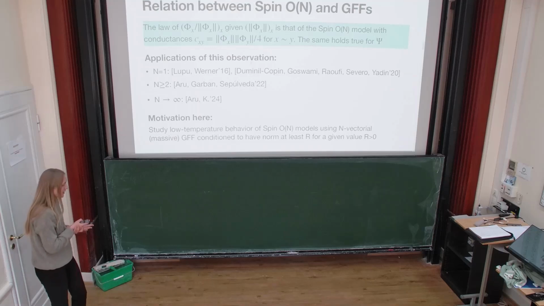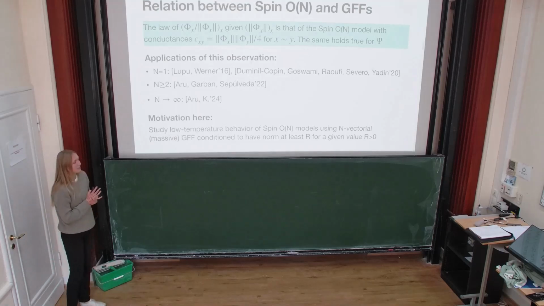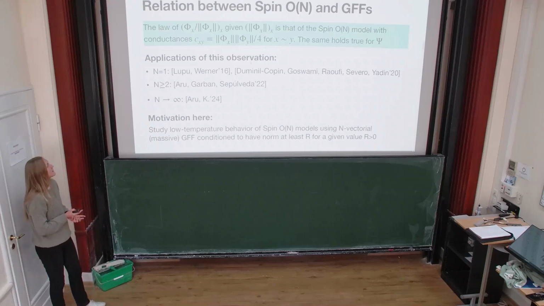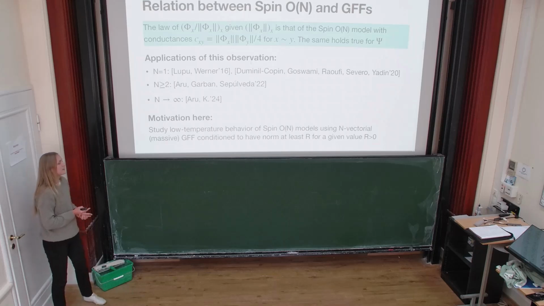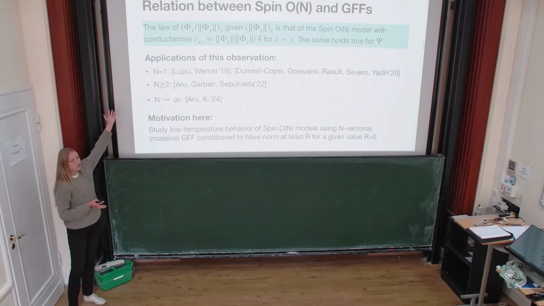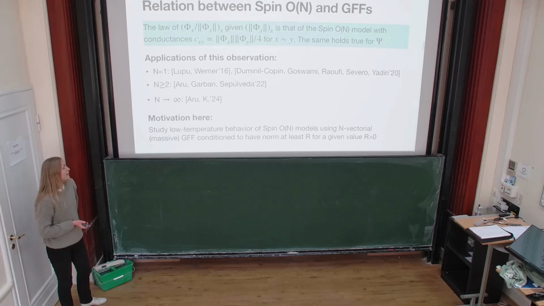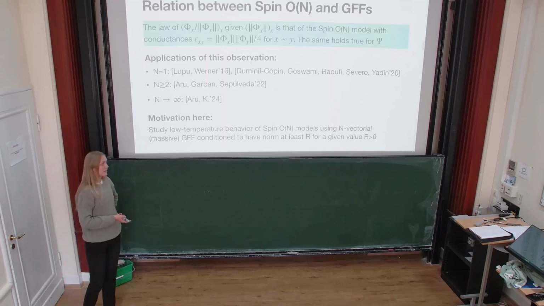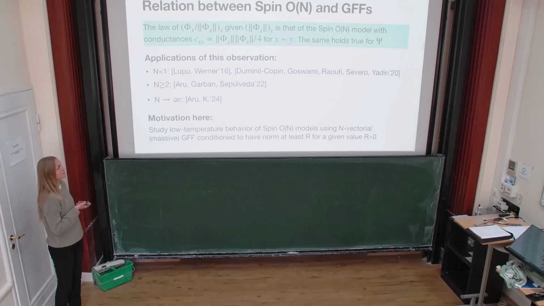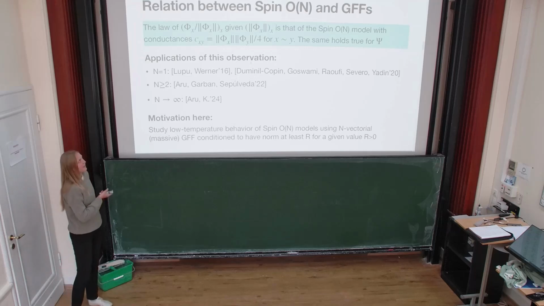Okay, so now I come back to why I mentioned spin systems at the very beginning. There is this nice observation: if you look at the spins created by the GFF, and by that I mean I look at the field renormalized at each point, and then I condition on the values of the norm, then what we recover is nothing else than the spin O(n) model with conductances |phi_x||phi_y|, and I have this 4, which is the 2d.